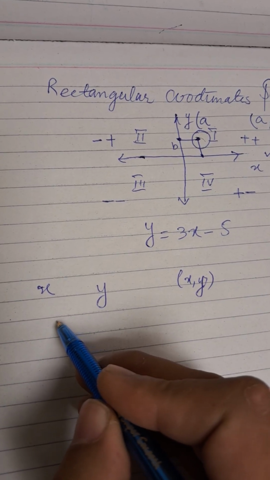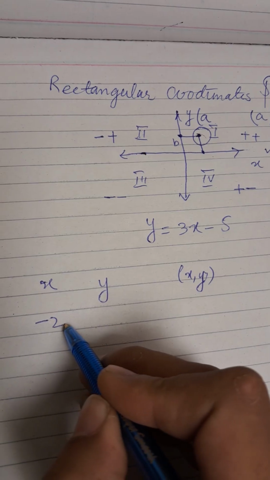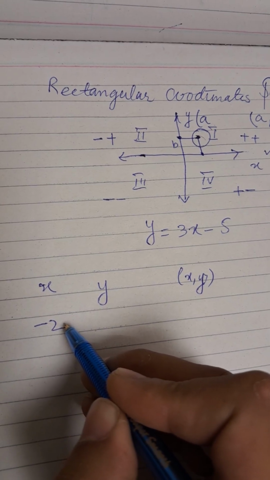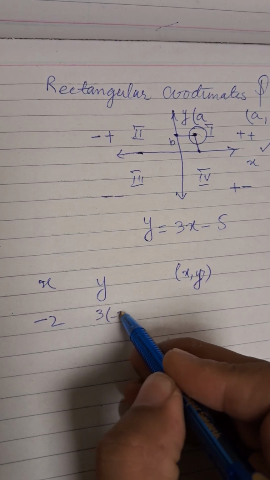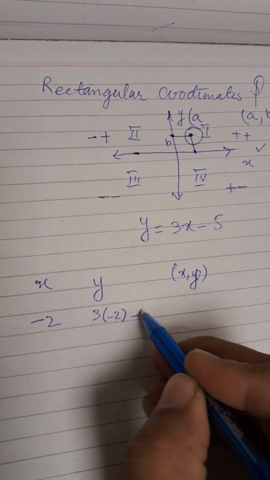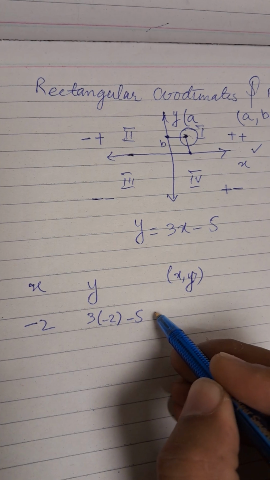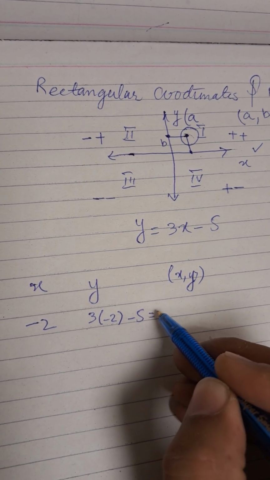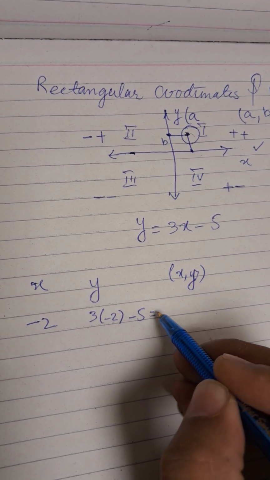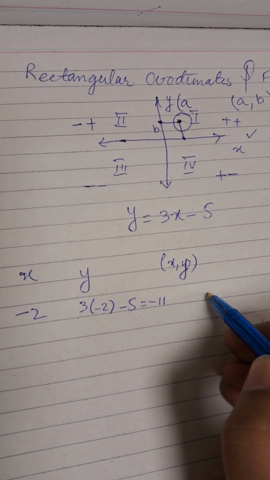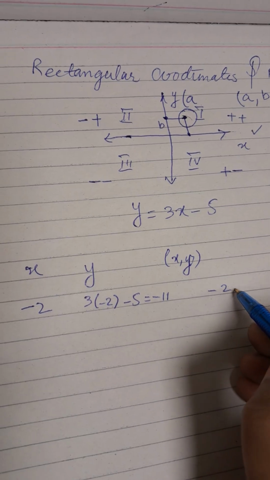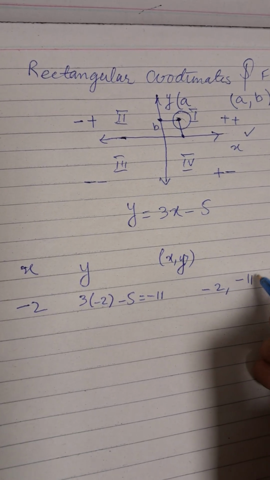So let's say we have minus 2, and if you plug this in, this would be 3 into minus 2 minus 5. It turns out to be equal to minus 6 minus 5, which is minus 11. So the ordered pair for this particular case would be (-2, -11).